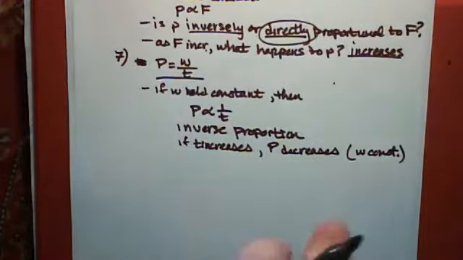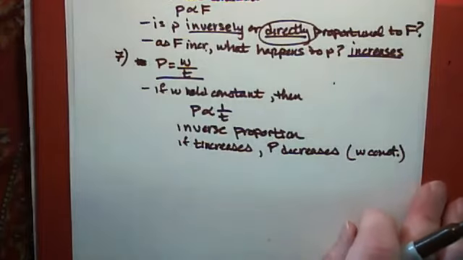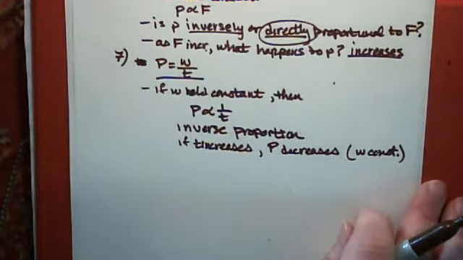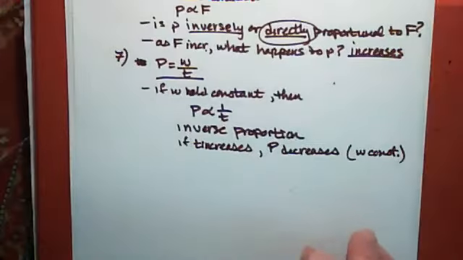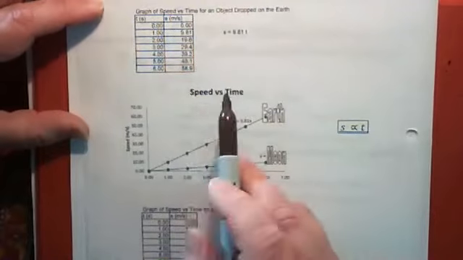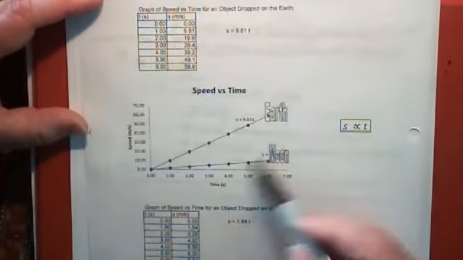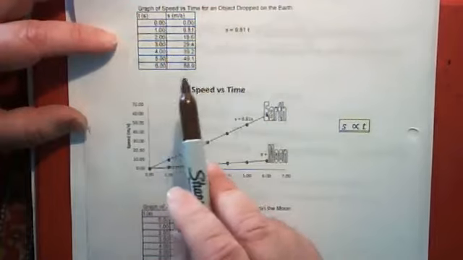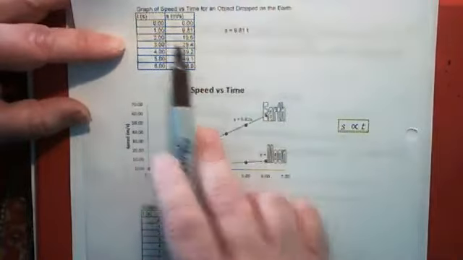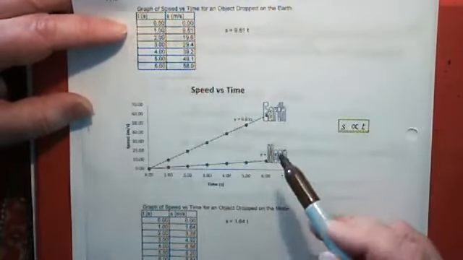All right, well, the next page has graphs of inverse and direct proportions. We don't really need to go into this in detail, but just notice that the page that shows speed versus time, that's a direct proportion, and it graphs out a couple for an object dropped on Earth versus an object dropped on the moon.